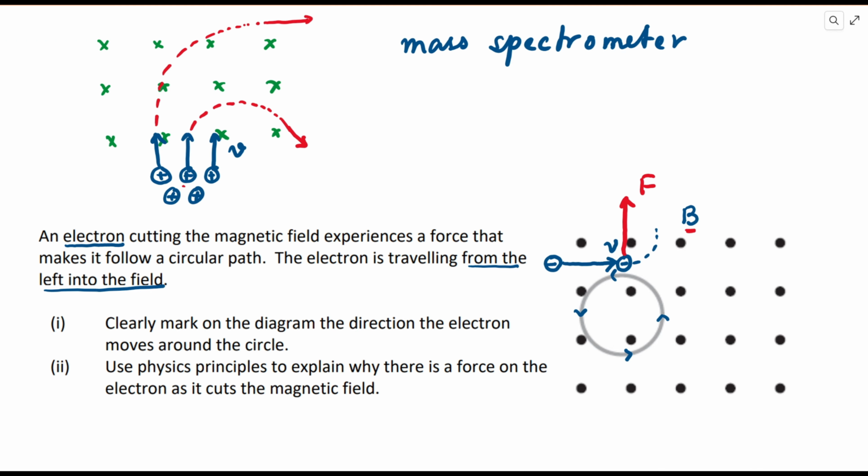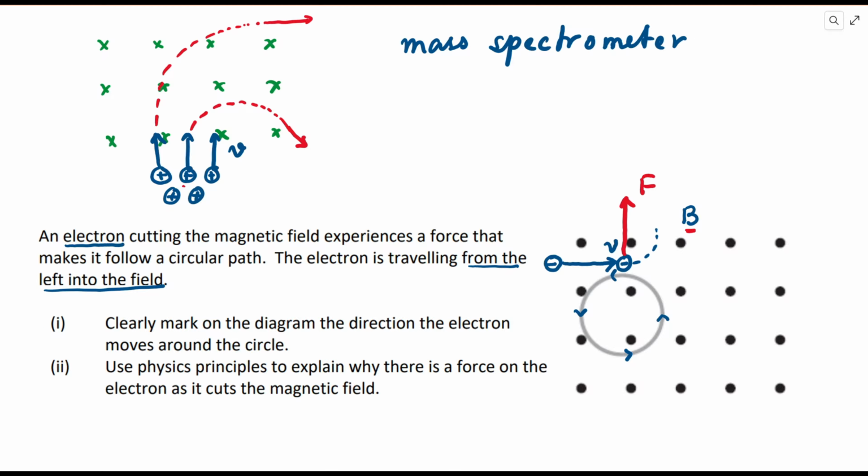Because of the interaction between these two magnetic fields, there will be a region where the magnetic fields add up because the two fields are pointing in the same direction, making a stronger magnetic field. Then there will be another region where the two magnetic fields point in opposite directions, making it weaker.